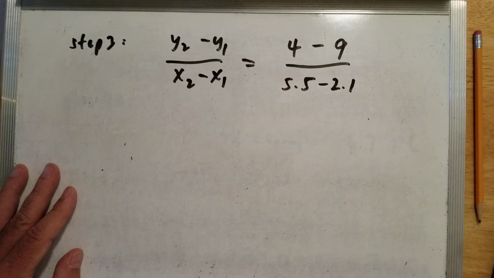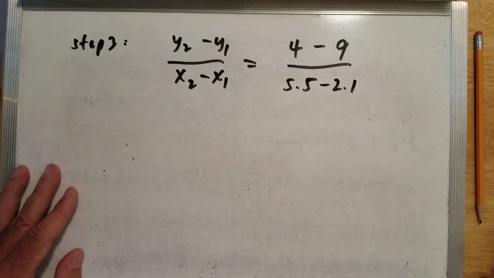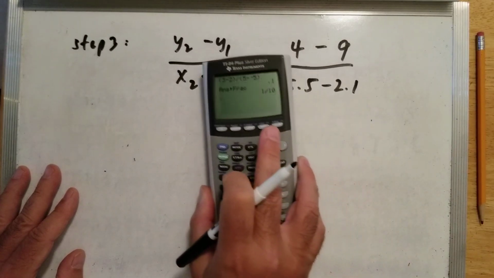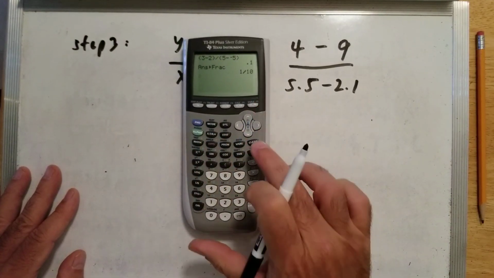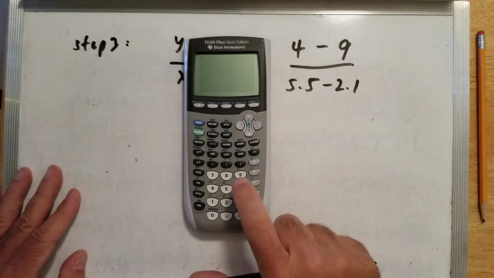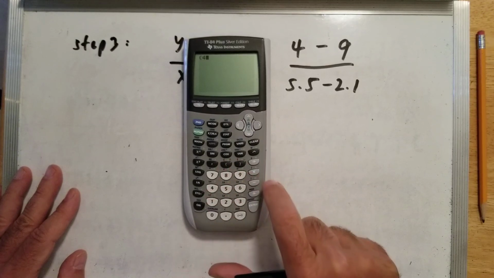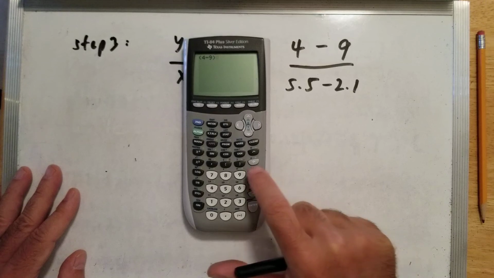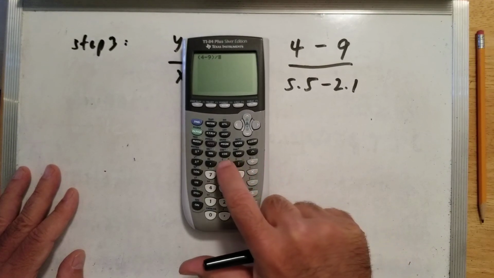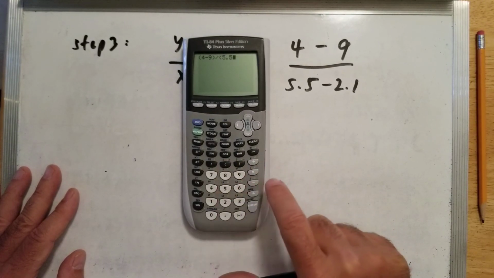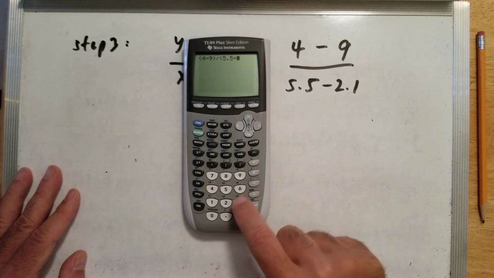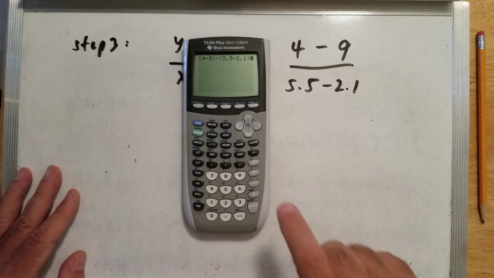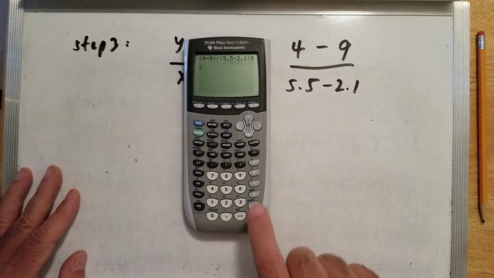You can calculate the numerator and denominator separately, but my inclination is to do the whole thing in one shot on the calculator. So I'm going to put parentheses around the numerator, 4 minus 9, and parentheses around the denominator, divided by parentheses 5.5 minus 2.1, close the parentheses, hit the magic button.